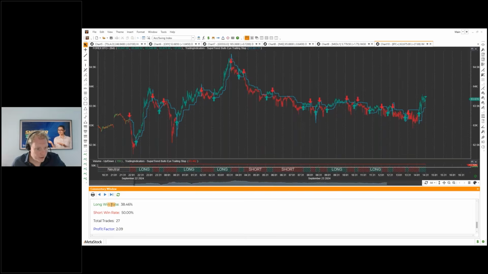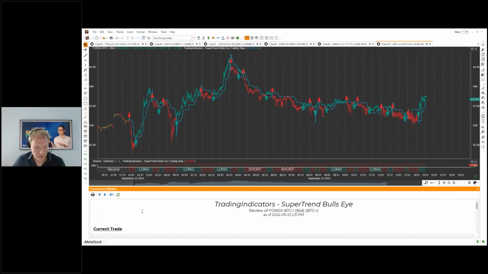And it also takes into account your position size. In fact, it doesn't matter whether you trade 1 contract or 100 contracts, the profit factor will always stay the same. And as mentioned previously, anything above 1 is considered profitable. Anything above 1.5 is considered very profitable. And the higher the better. So you can imagine a profit factor of 2.09 is indeed quite profitable.